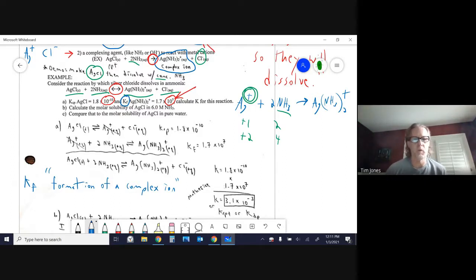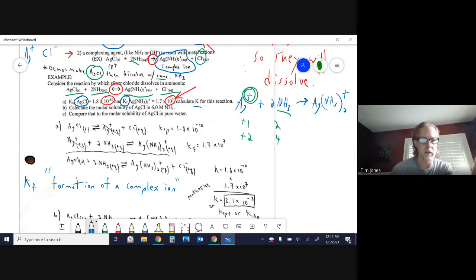So it's just the equilibrium of forming the complex ion from its parts, which are silver and ammonia. So A says calculate K for this reaction. In other words, what's the overall equilibrium constant? Because we have two things to consider. We have to consider the solubility of AgCl and the formation of this complex, the Kf.